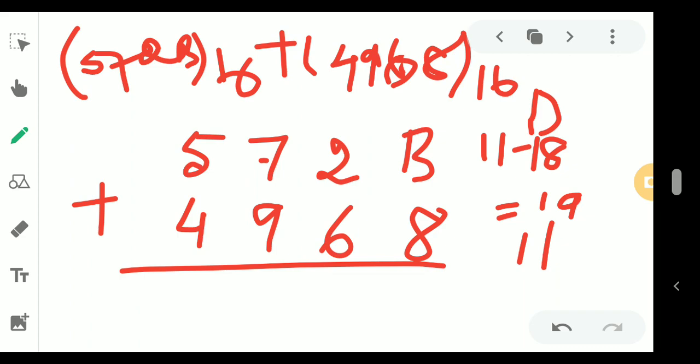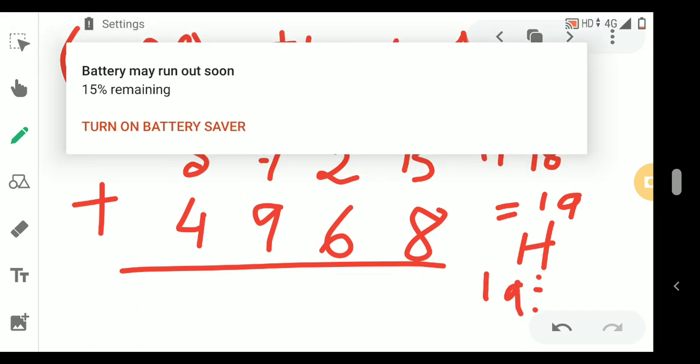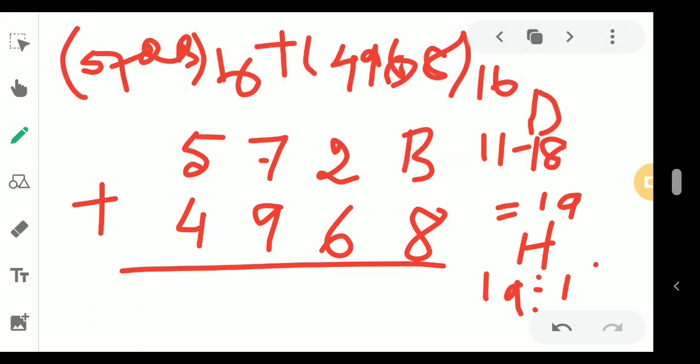So what comes under the hexa part? 19 divided by 16: the quotient part we will write down 1, and in the sum part, that is the remainder part, we will write down 3. So in the sum part I have to write down 3, and in the quotient part, it is 1.